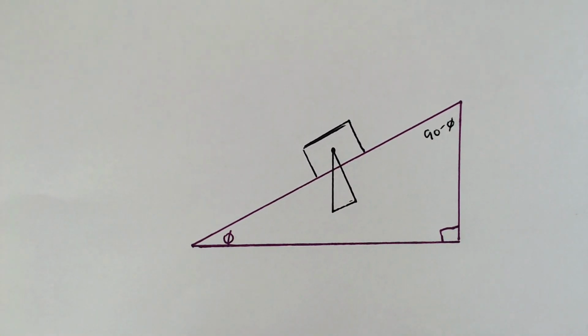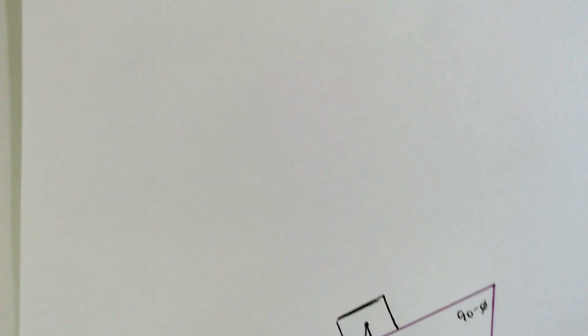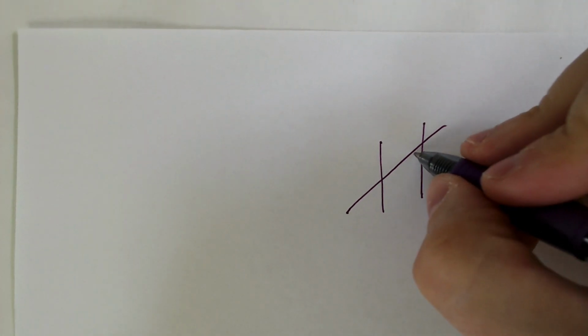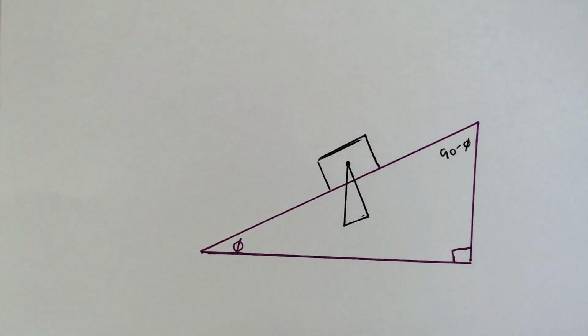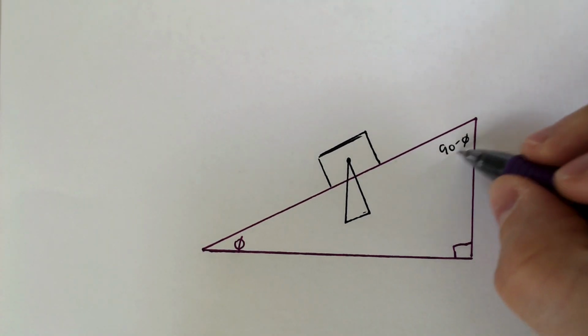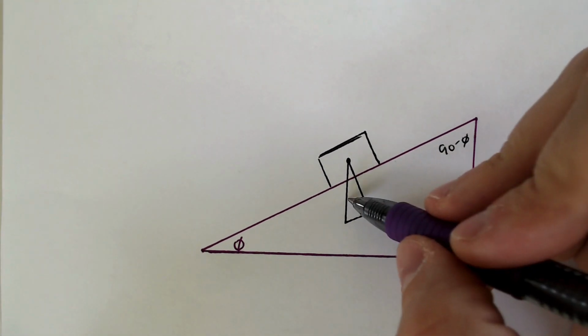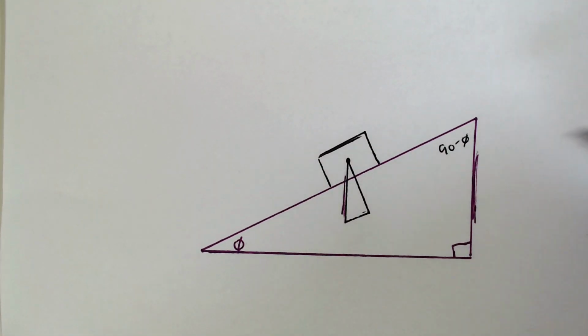More importantly than that, there are parallel transversals in play here. So I'm going to draw a parallel transversal here. This angle would equal that angle. And I'm going to highlight them here as well. We have this angle will equal this angle because these guys right here and here are parallel.